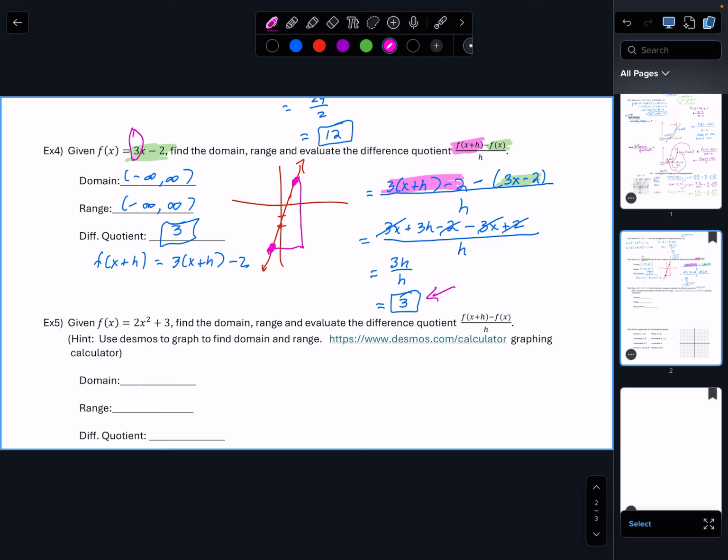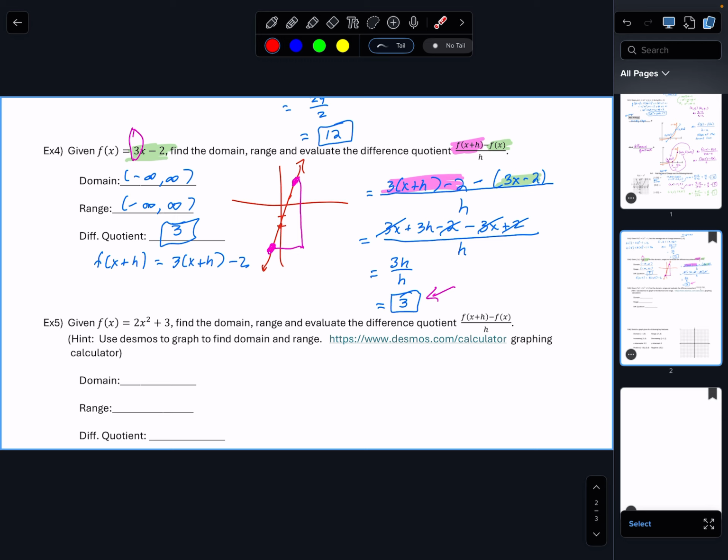And it's like, you mean we did all that work to find the slope that we already knew? Yeah. But it's to be able to practice the algebra on something that's a little less complex. It gives you an opportunity to practice something that's a little easier algebraically. But the difference quotient is the average rate of change on a line. It's always the same rate of change. So it's not surprising we got 3.